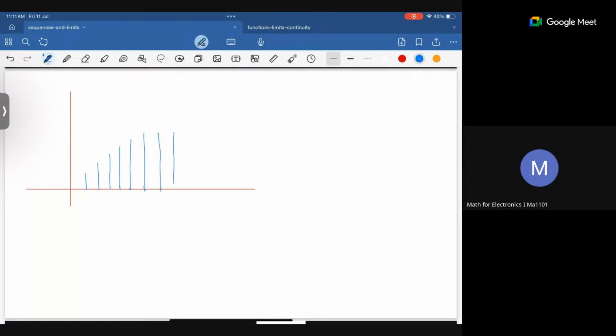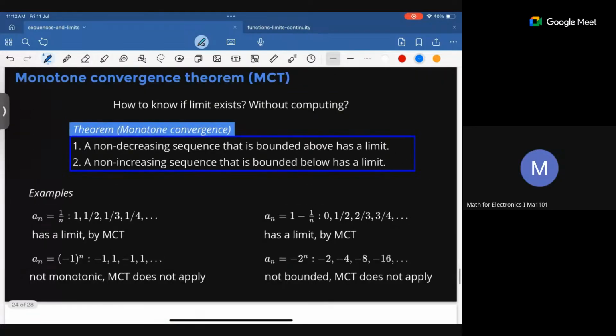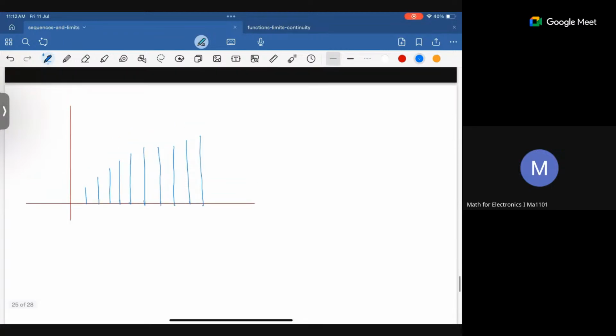Some terms can be equal also. Either it should increase or it should stay constant. That is a non-decreasing sequence. If I have a non-decreasing sequence that is bounded above, bounded above means there exists a horizontal line where none of the stems of my sequence goes above that.